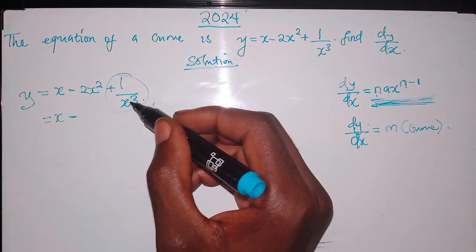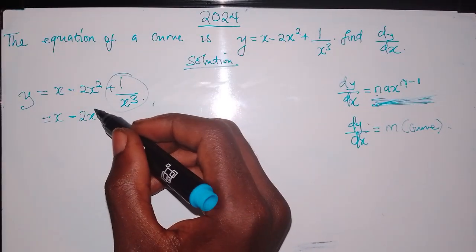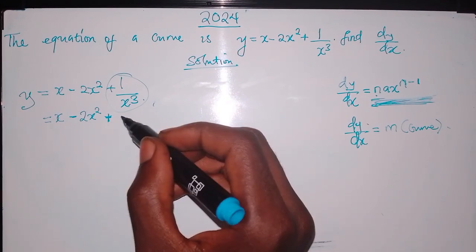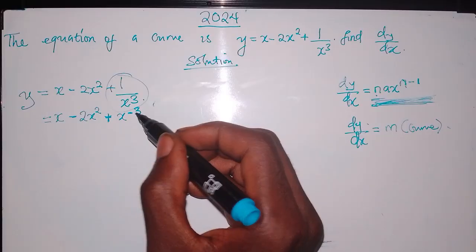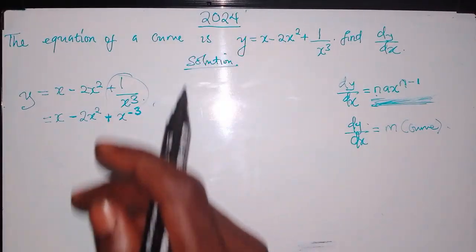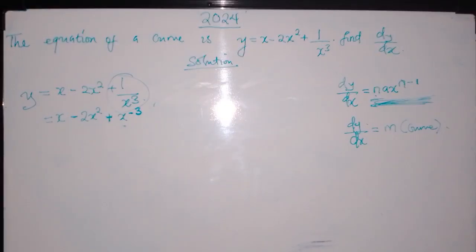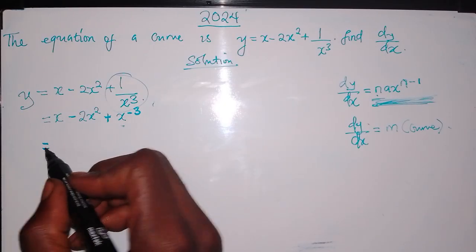You just introduce a negative power. So you say minus plus x to the power negative 3. Once you have done this, meaning you have converted from a fraction into a normal number, now you can differentiate.